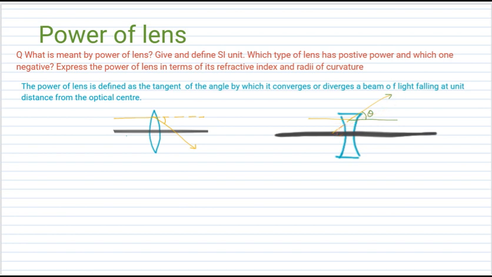So the power of lens is defined as the tangent of the angle by which it converges or diverges a beam of light falling at a unit distance from the optical center.